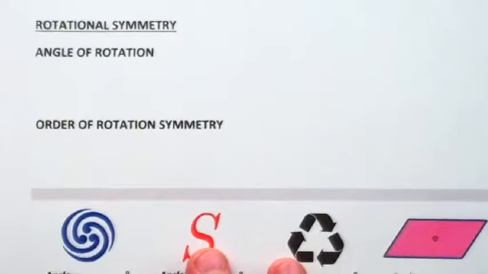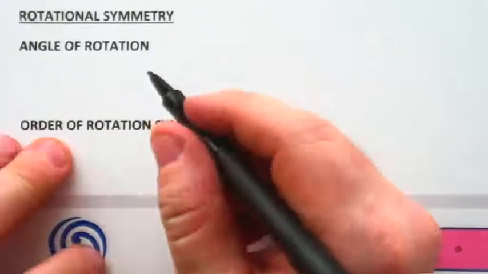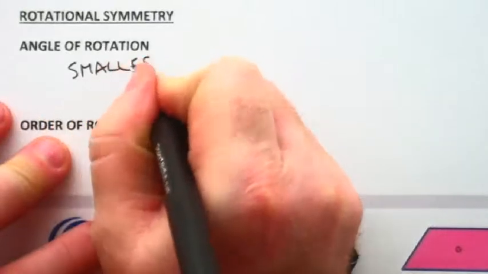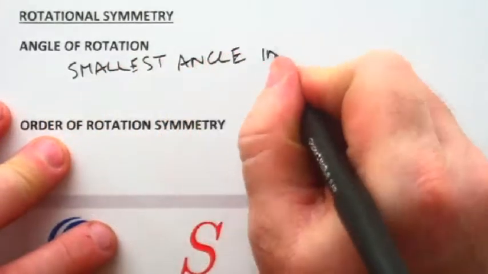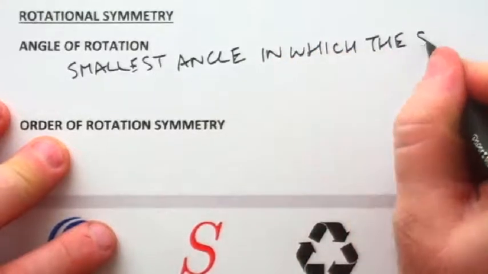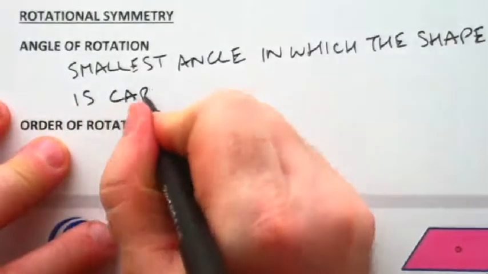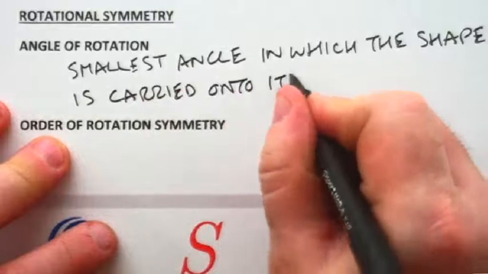Alright, let's take a look at rotational symmetry. Rotational symmetry has 2 things that we want to keep track of. One is the angle of rotation. This is the smallest angle in which the shape is carried onto itself.